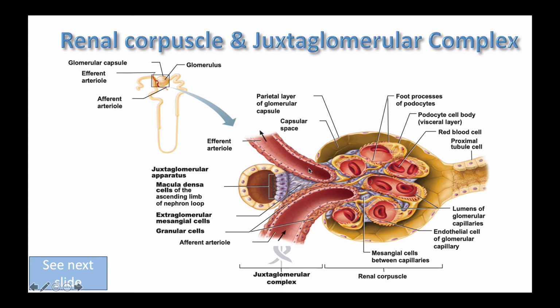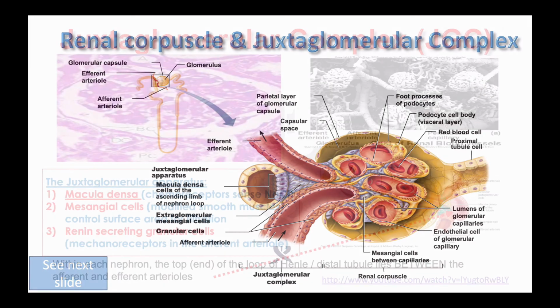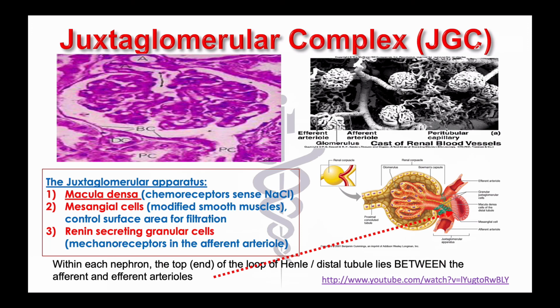So now I hope you understood the juxtaglomerular apparatus. As I told you, in the juxtaglomerular apparatus you have the macula densa cells present here, the mesangial cells and the renin secreting cells. The macula densa cells act as chemoreceptor cells.